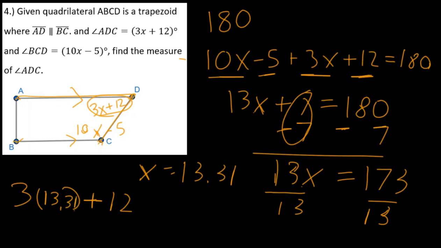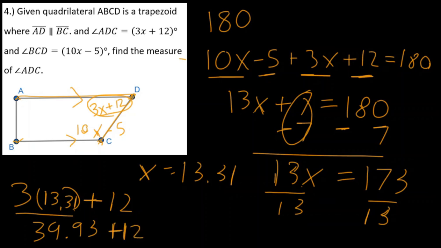Okay, now from there, all we do is multiply these two things first. And I know that 3 times 13 is 39, and I know that 31 times 3 is going to be 93. So just a little quick mental math there. 3 times 13.31 will give us 39.93 plus 12.